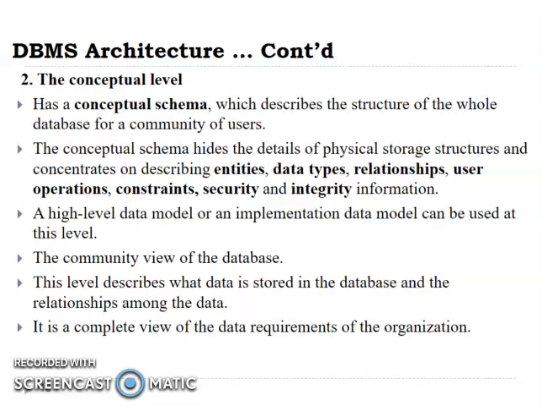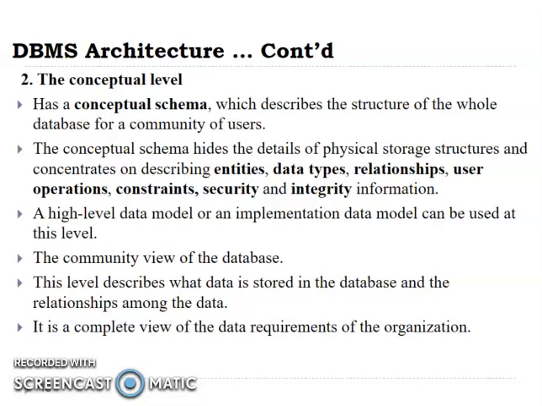So the conceptual level only focuses on what data we store, which data types we may use, what kinds of relationships there are between entities, what user operations there are, what constraints must be fulfilled to use the database, what security may be implemented, and what integrity information there is.